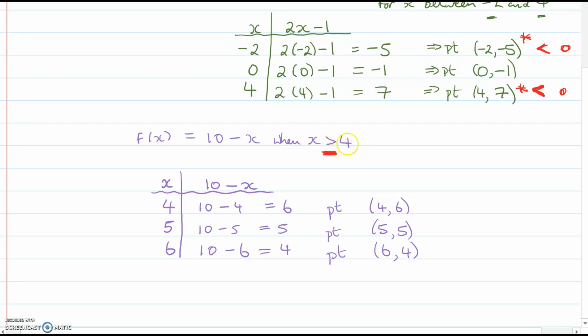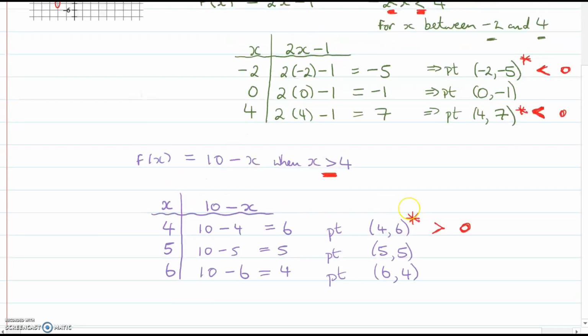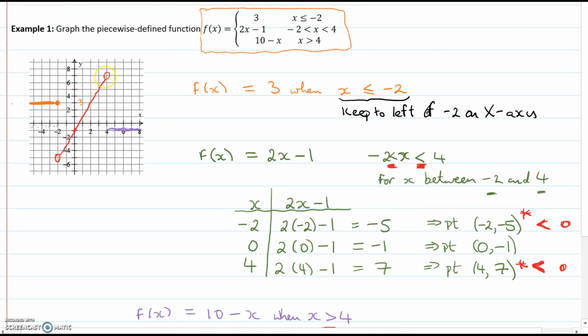And that means at 4, at this first point here, we're going to have to use an open circle. Okay, if we have less than or equal to, we get a closed circle, but if we have greater than, it's an open circle. So the point 4, 6 needs to be an open circle. Here's 4, and here's 6.